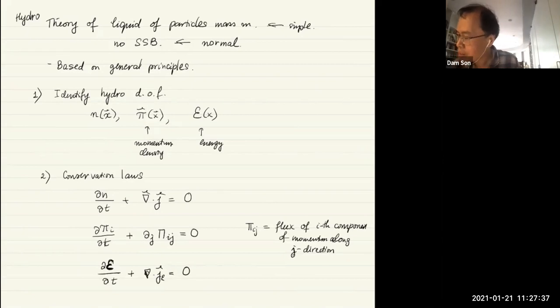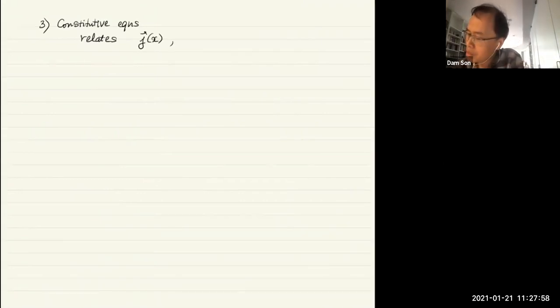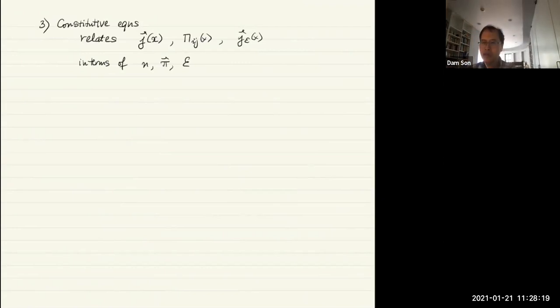So this would be our second step, and the third step would be to write down the constitutive relations, equations that relate these fluxes, the flux of particle number, the flux of momentum, and the flux of energy, in terms of the hydrodynamic variables like n, pi, epsilon, or their thermodynamic conjugates.